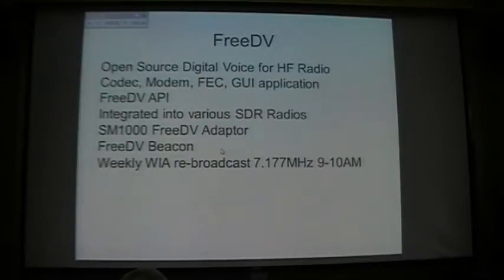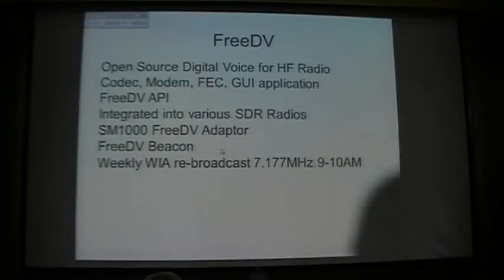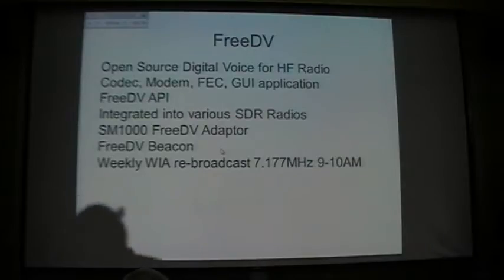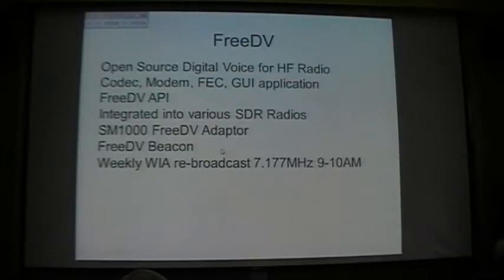It also comes in a software library form. It's completely open source, so you can just take some open source software in the form of an API or C library and integrate it with your SDR project. And I get emails every week from people who have integrated it into their homebrew SDR radios.